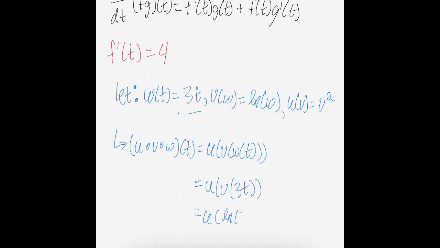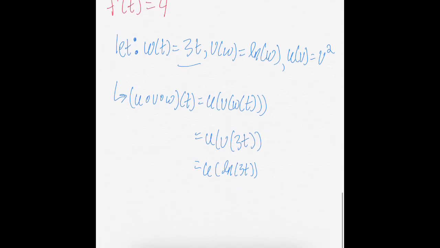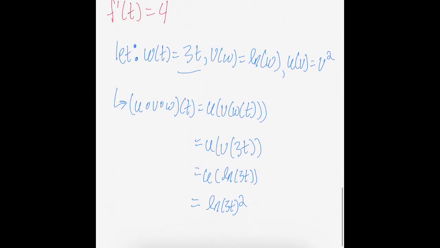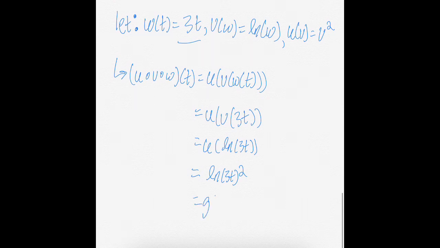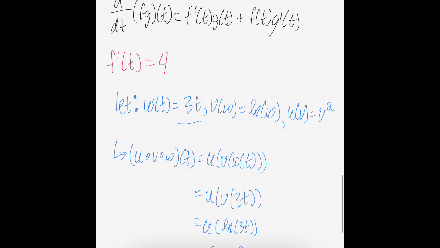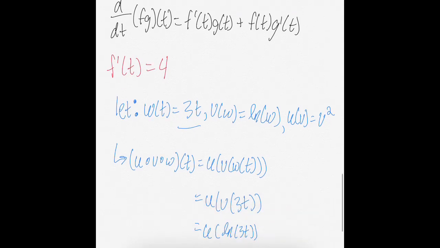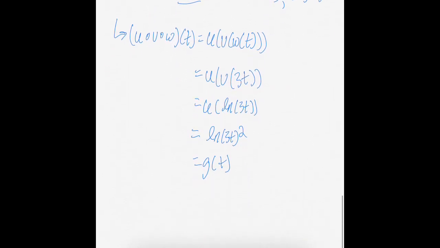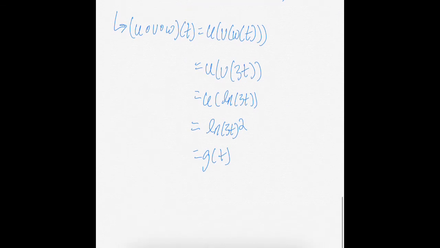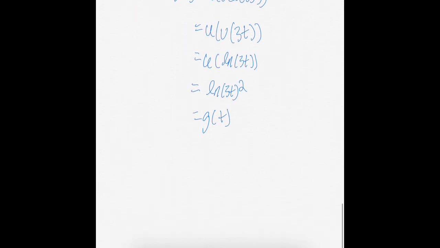Well, v of 3t, if I plug 3t into v, then I get ln of 3t. So that equals u of ln of 3t. And then u says take whatever's on the inside and square it. And so this becomes ln of 3t squared. And indeed, that is equal to g of t. Let me prove it to you. There's g of t. See, I'm not lying.